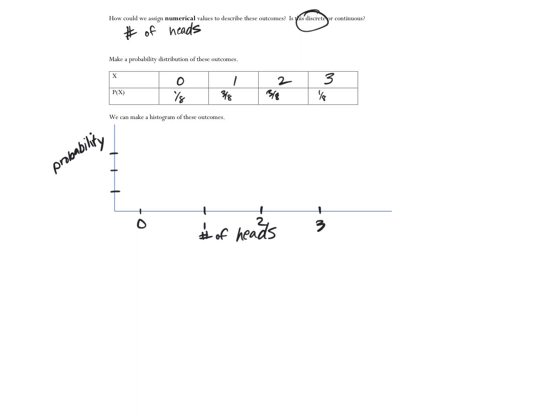And we can, in fact, make a graph of each of these probabilities. And that graph is going to look awfully familiar.